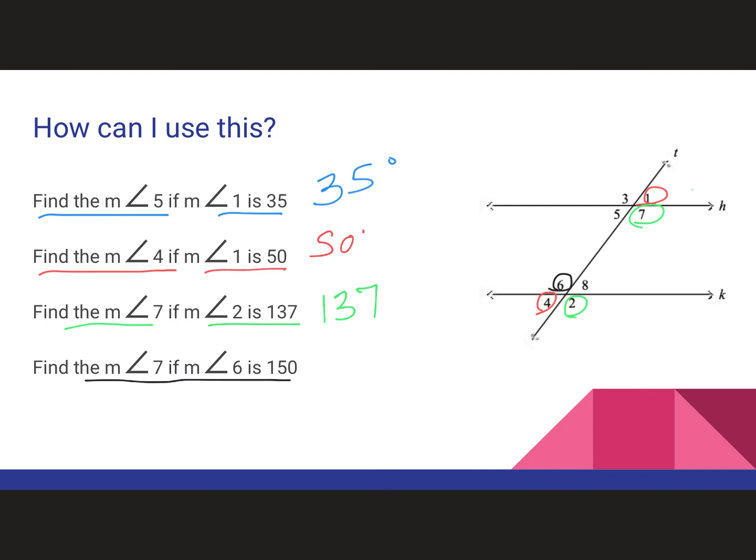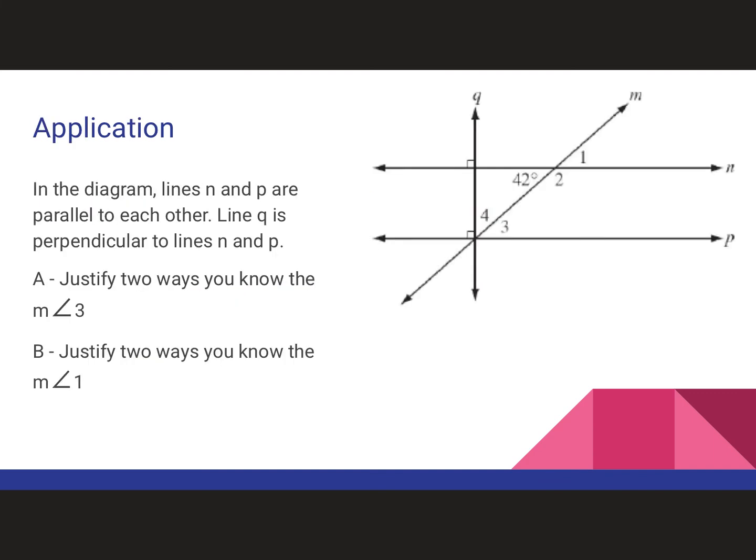So here's angle 6, here's angle 7. Angle 6 is corresponding with angle 3. And they're vertical, so they must be the same. So it's going to be, again, 150 degrees. Pretty easy to do. All we're doing is looking at them. Remember, there's only ever two angle measures.